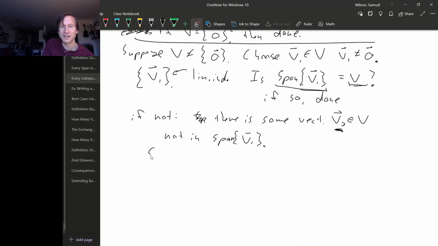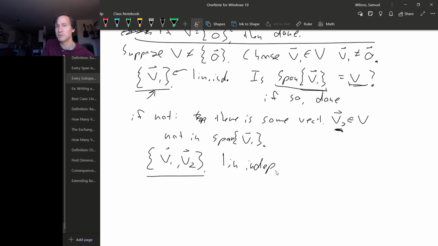So now we have a collection of two vectors, V1 and V2. So we need to know, is this linearly independent? Well, it definitely is, because we've proved before that if you start with a linearly independent set and you throw in a vector not in the span of your originally linearly independent set, the resulting set is linearly independent.